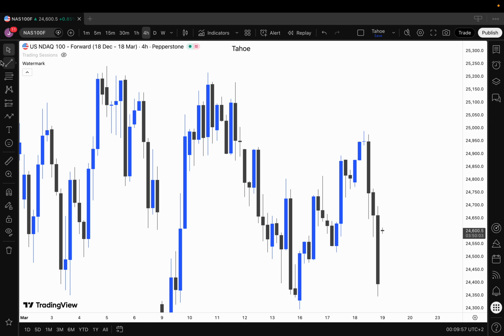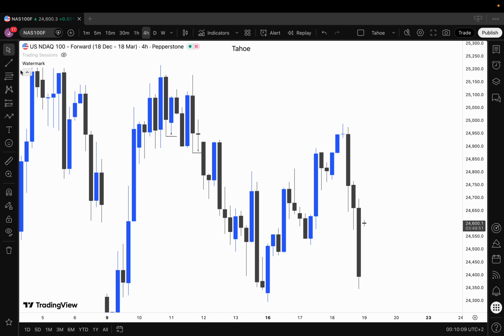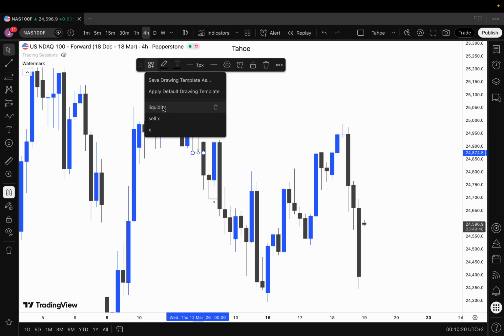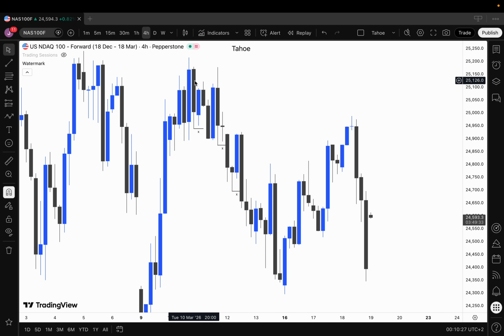Here we have a break of a low, and then another break over here, another one over here. I used the wrong one. Let me just change all of these quickly. Okay, so here we can clearly see a good example of a downtrend.